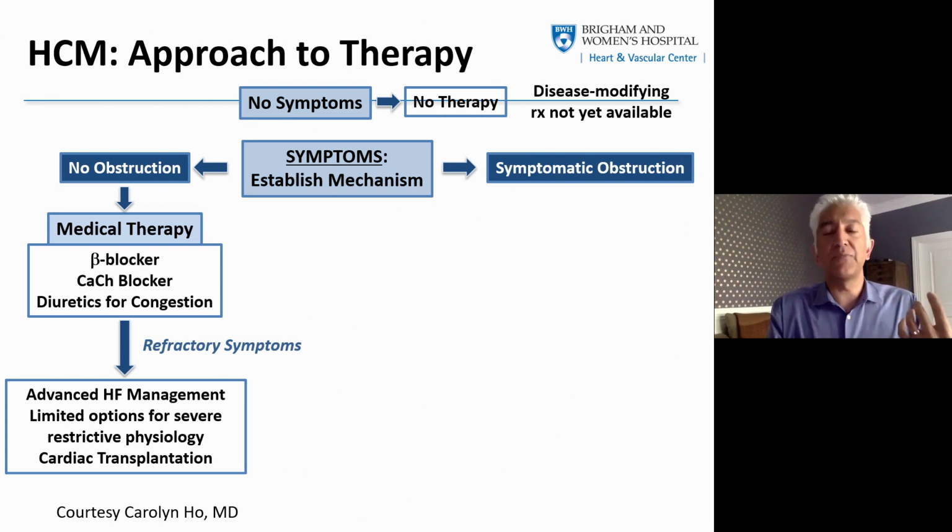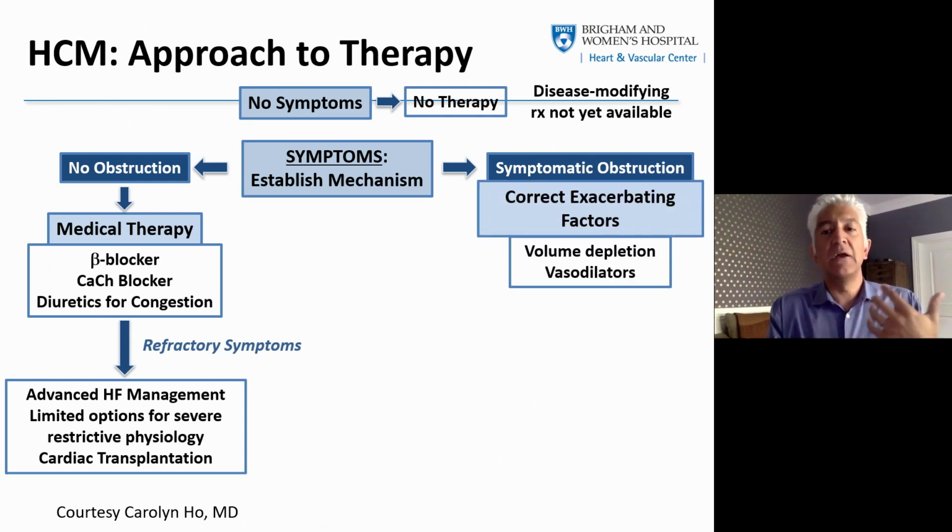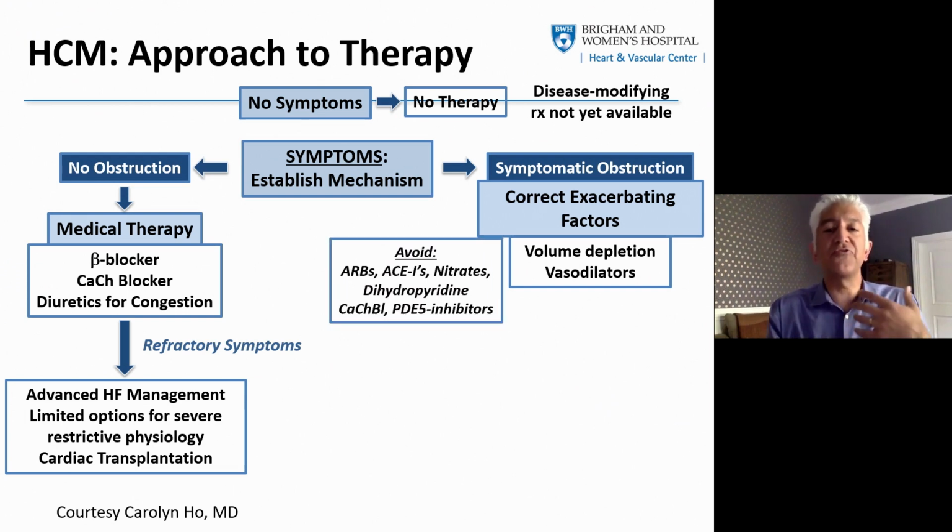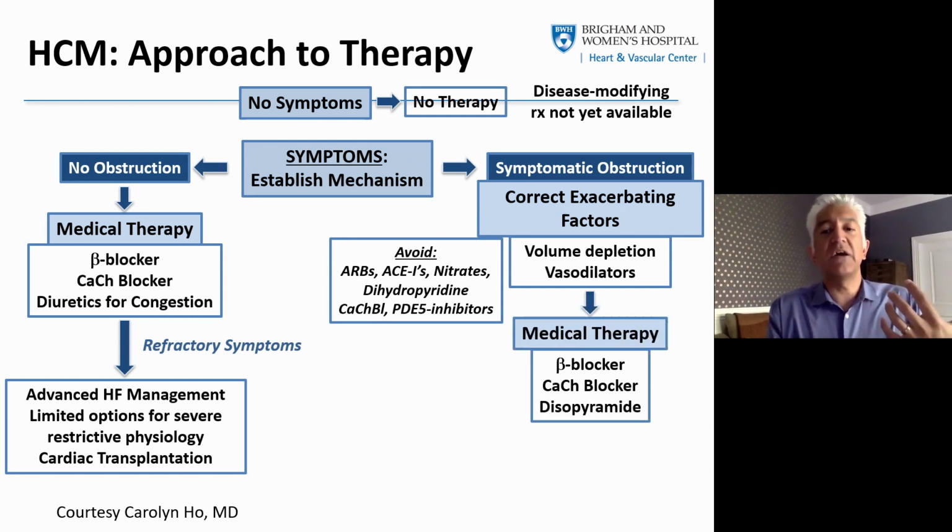In the patients with obstruction that is symptomatic, we try to prevent factors like vasodilators that can exacerbate the obstruction. We do try to avoid drugs like ACE inhibitors, dihydropyridine calcium channel blockers, other vasodilators, because those things make obstruction worse. And then we try to limit the impact of obstruction by slowing heart rate and contractility. There's role potentially for negative inotropes like disopyramide.